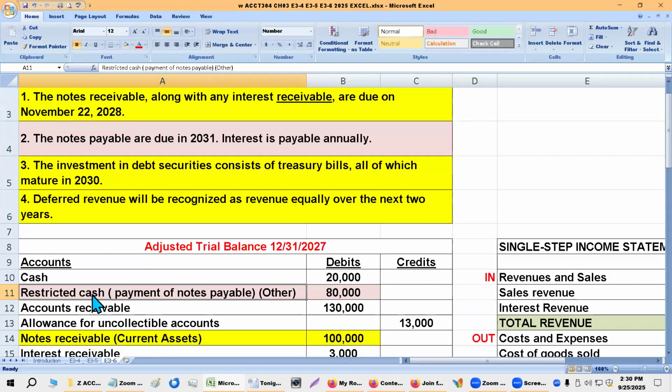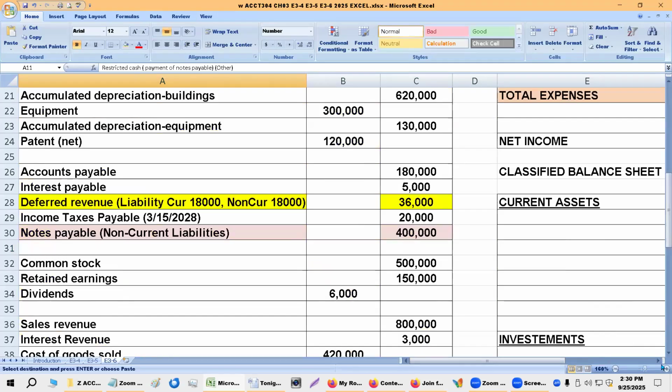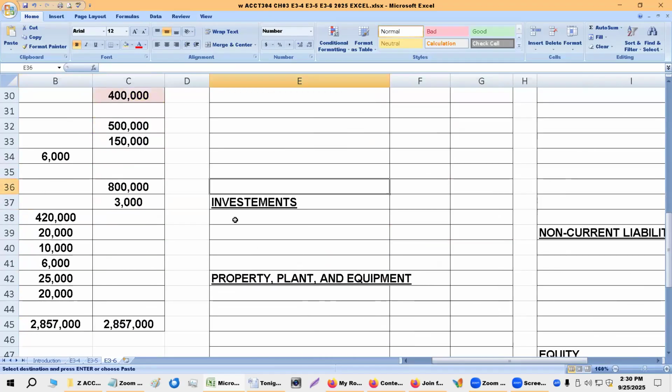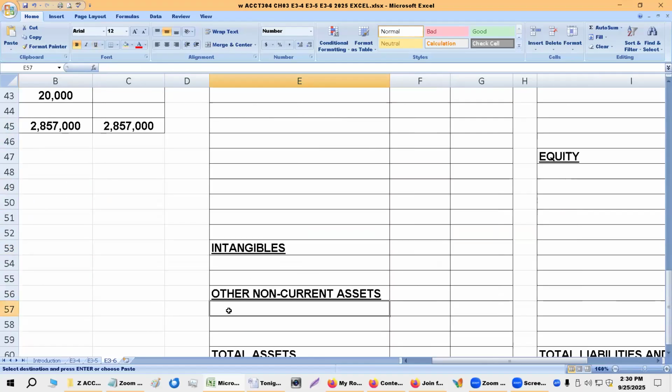So restricted cash, 80,000. It's not in current because we're not going to use it for 4 years. It's not an investment. We're not really making money in this thing. It's not tangible property.